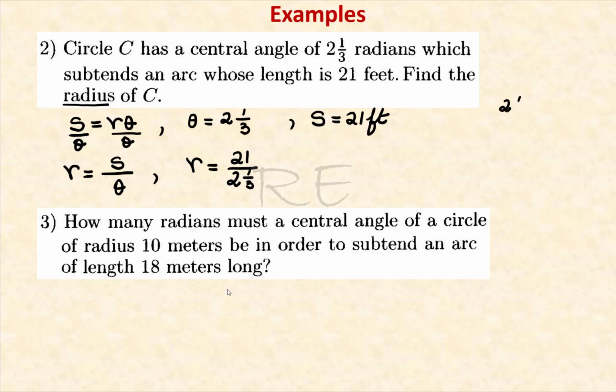Let's recall that 2 1/3 as an improper fraction will be 6 plus 1 over 3. So 2 1/3 is 7/3. So R will be 21 divided by 7/3, which is really 21 multiplied by 3/7.